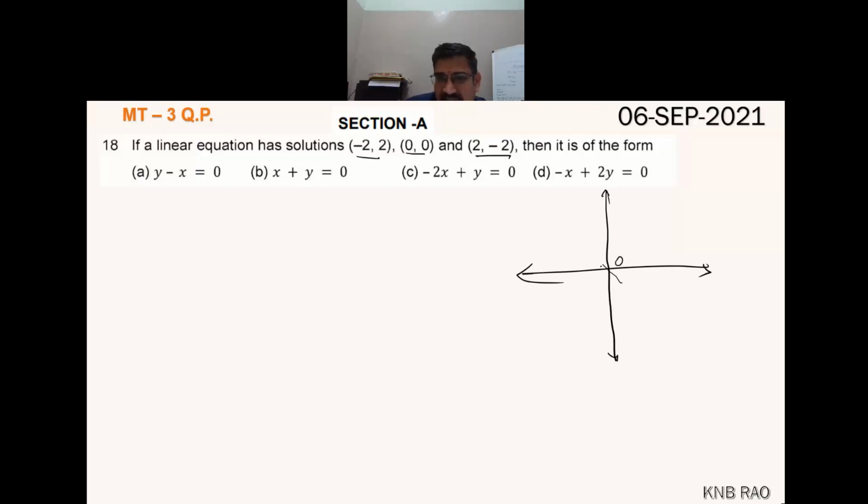That means the constant term is missing, and it is passing through second quadrant and fourth quadrant, by watching here 2 comma minus 2 and minus 2 comma 2. Its equation is x plus y equals to 0. By substituting also I can identify. Right option is B.